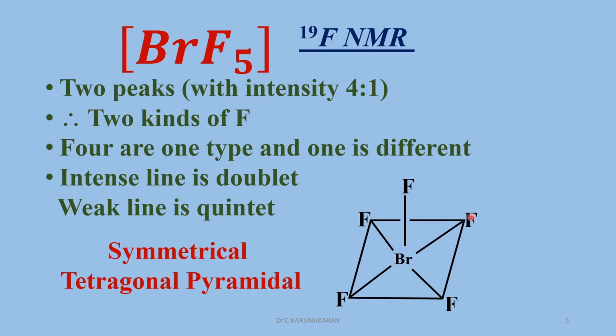The four equatorial fluorine atoms couple with the axial fluorine to give an intense signal that is a doublet. The weak line is from only one fluorine atom, which couples with the 4, therefore n plus 1 gives 5 lines. Therefore, the structure is a symmetrical tetragonal pyramid from NMR studies.